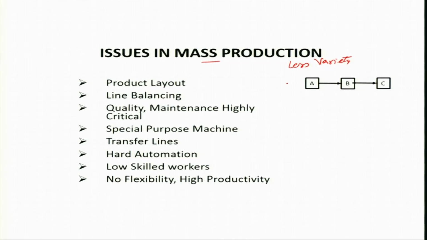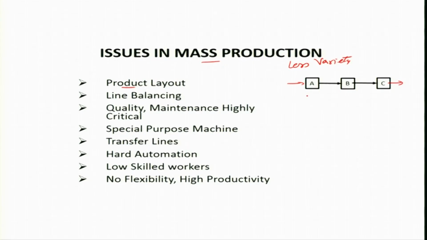So you are arranging the processes according to the requirement of the product. If the first step on the product requires a lathe machine, the second a milling machine, the third a grinding machine, then I arrange my machines in the same manner the product requires. In that case the layout is called product layout, where facilities are arranged according to the requirement of the product.